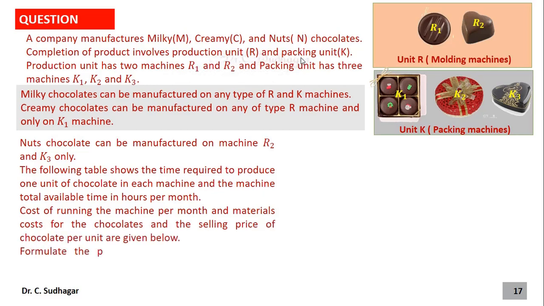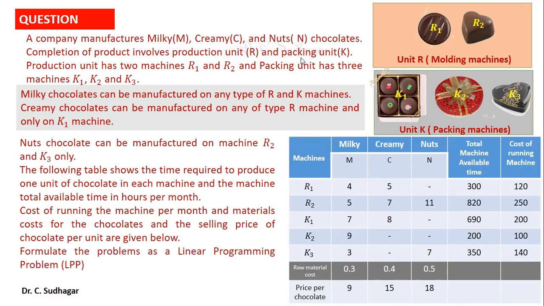Let us take the table. This table illustrates how many hours machine R1 is available. The total machine available time per month: for one full month the machine R1 is available for 300 hours. It is given here.